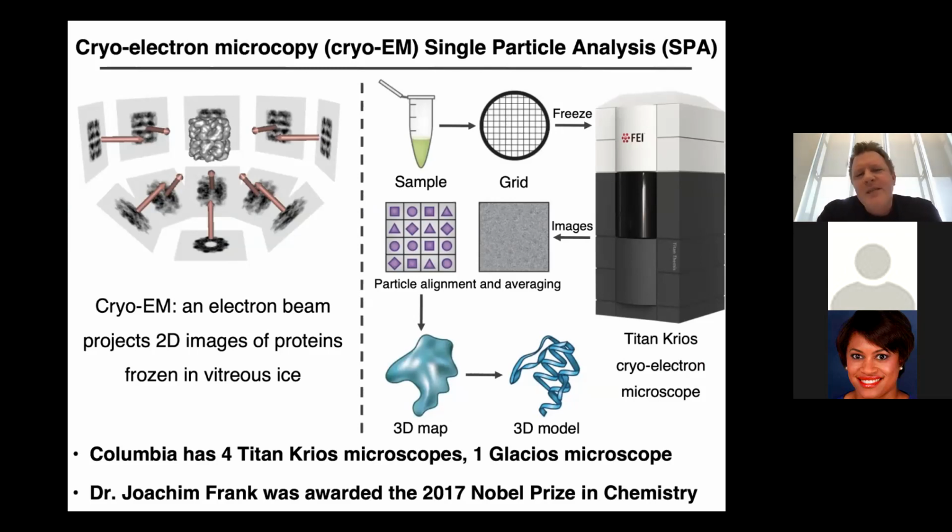So the basic premise of what's called cryo-electron microscopy single particle analysis, which is mostly what's happening at Columbia currently, is that you want to take a protein complex, so just this sort of gray shape up here, this gray volume. This is a Cryo-EM macromolecular machine.